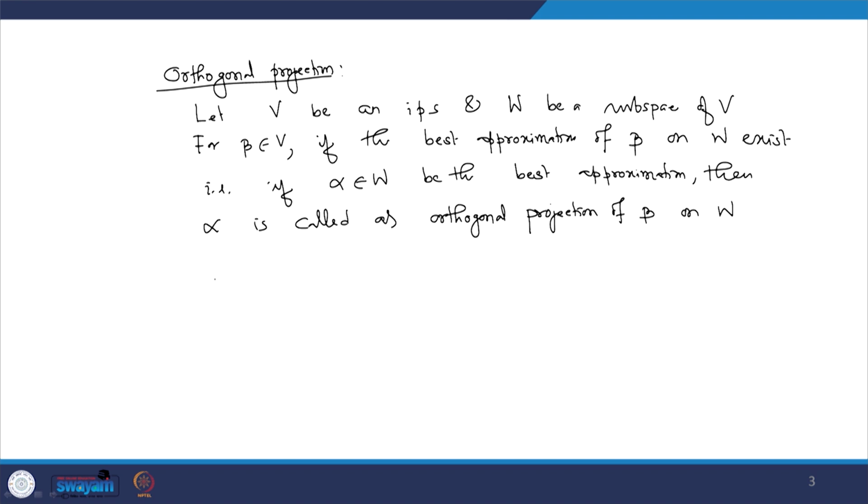In our last class we have seen that if W is finite dimensional, then for each vector beta in V, the best approximation of beta on W exists, and that is also unique, which has a typical form already known to us.